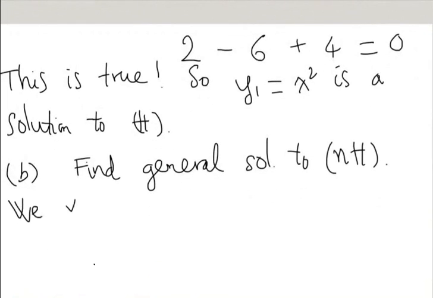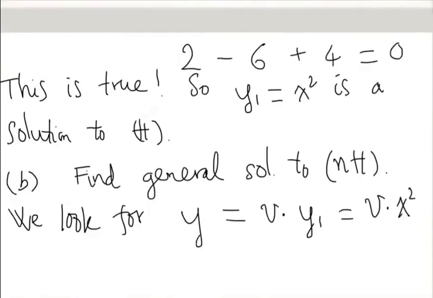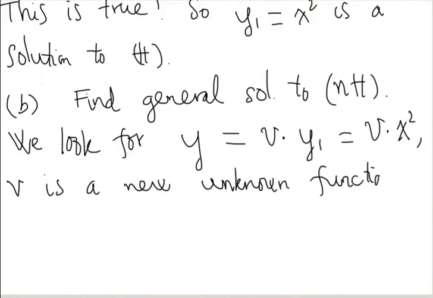So we look for y = v times y1, which is v times x^2, where again v is a new unknown function.